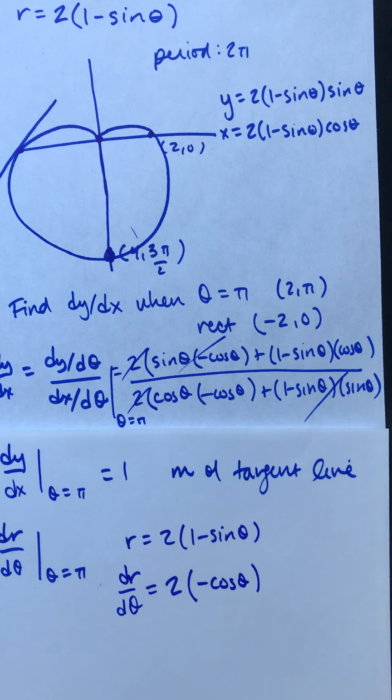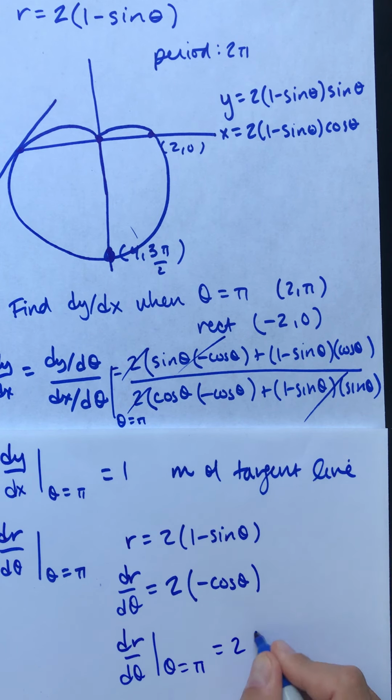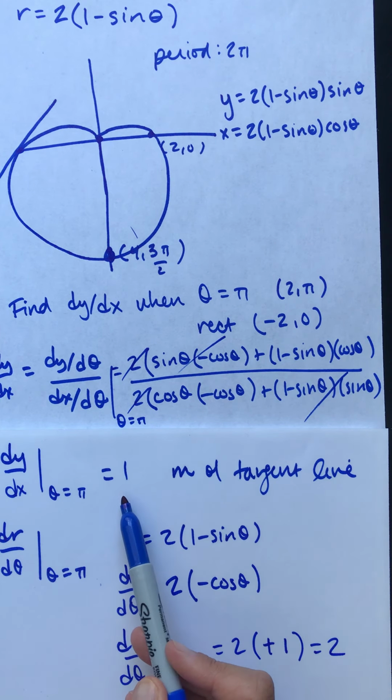And I can evaluate this at theta equals pi. I get 2 times negative (negative 1), which is 2. So the rate at which my r values are increasing is 2. The slope of my tangent line is 1.